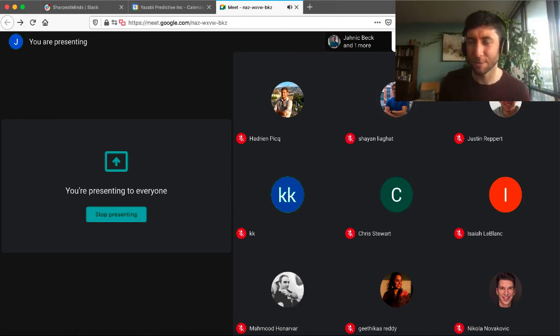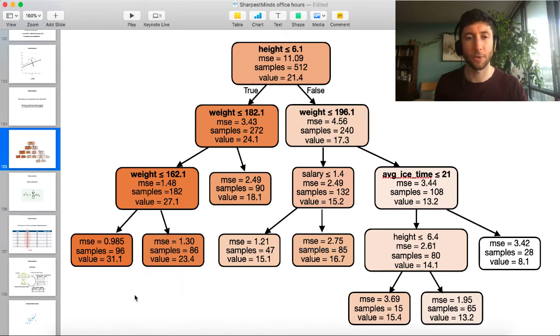Justin, did you unmute yourself? Yeah, so in scikit-learn or whatever you use to generate these, does it give you those bottom leaf nodes, like the composition of those? Can you pull those and inspect their distributions as a way to check the quality of your decision tree? Yeah, good question. I know you can certainly generate this plot.